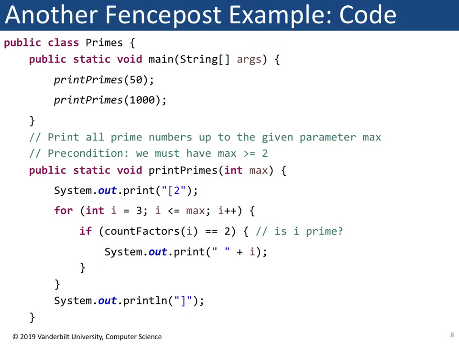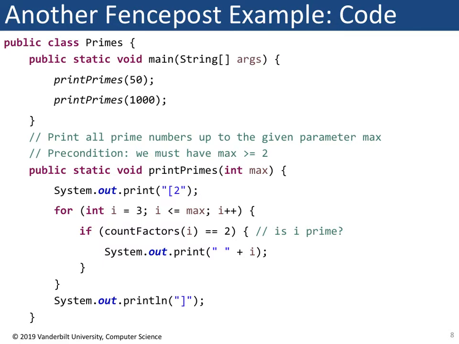So inside this loop, we're going to go from 3 up to max. We're starting at 3 because we already know that 2 is a prime, and we're already going to print 2 out as a given. So we start at 3, go to max, and each loop, what we're going to do is call countFactors on i.